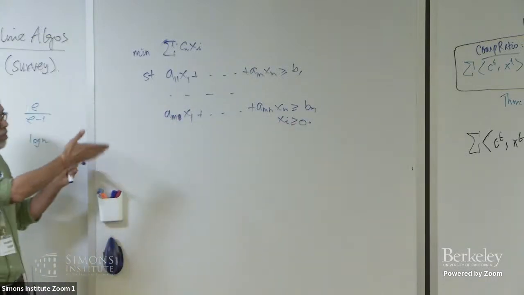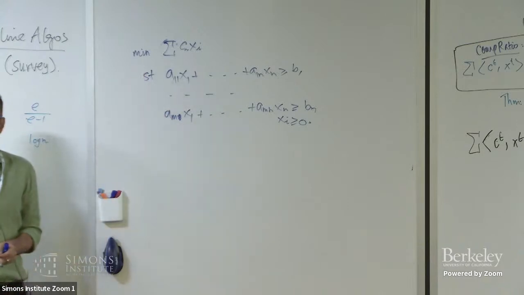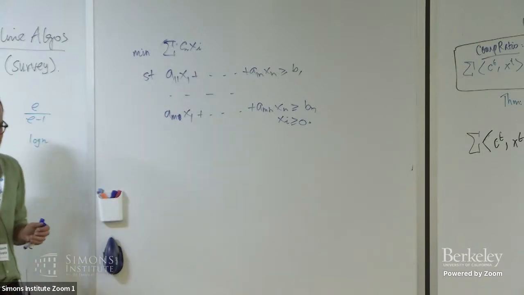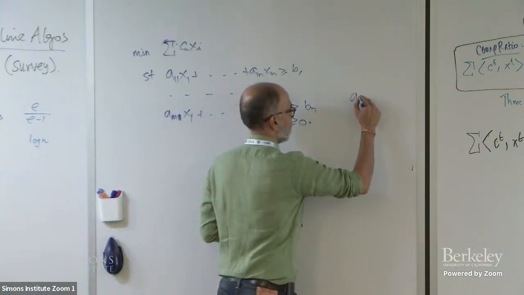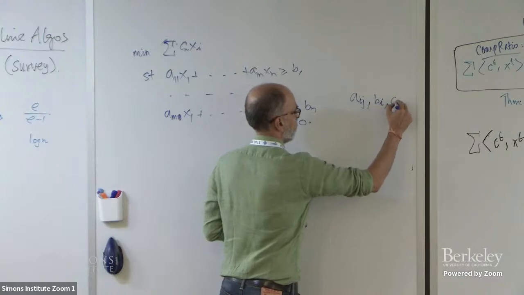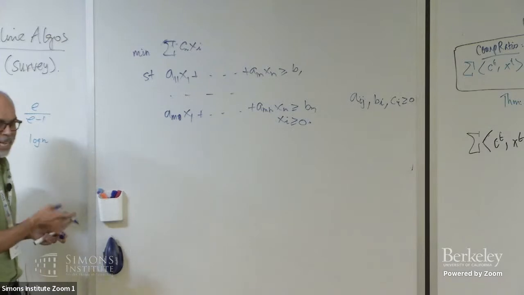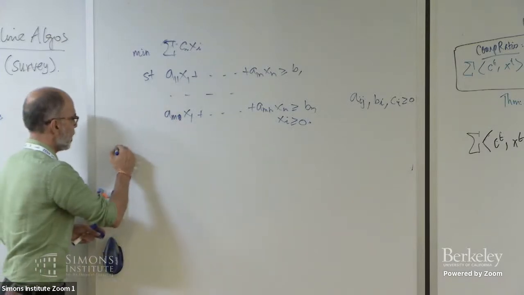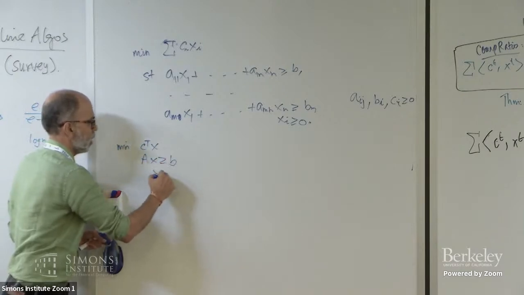This is just a linear program. It's a covering linear program if you make all these entries, the A's, B's and C's, non-negative. I'm going to say minimize c transpose x, Ax is at least b, x is non-negative.